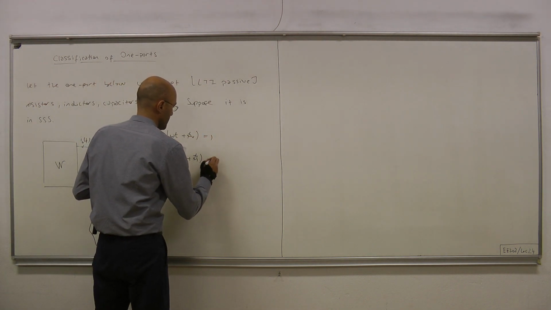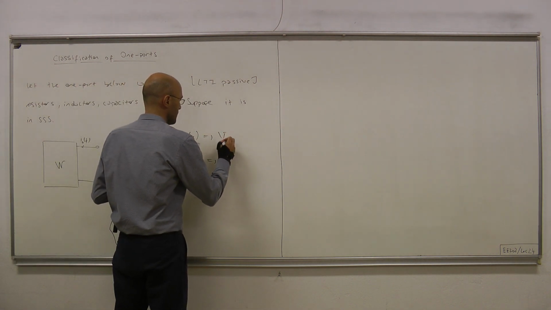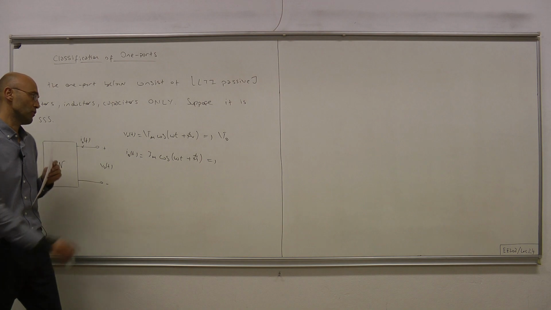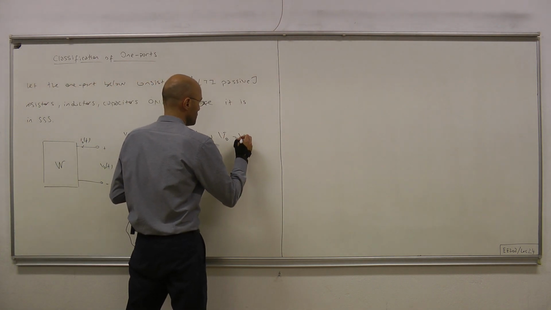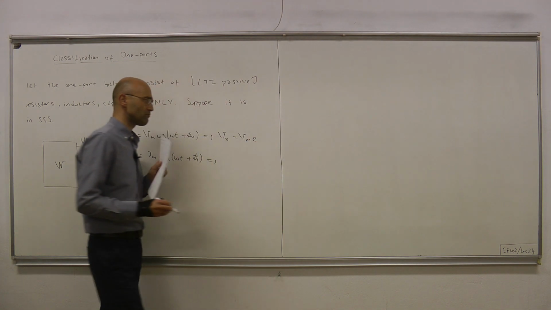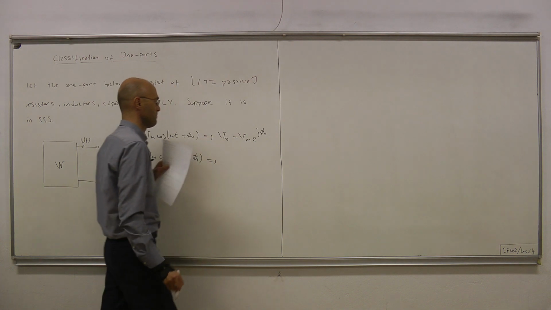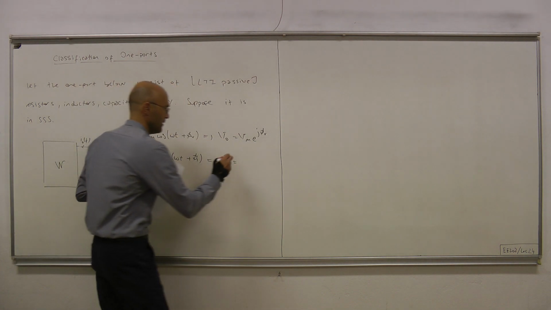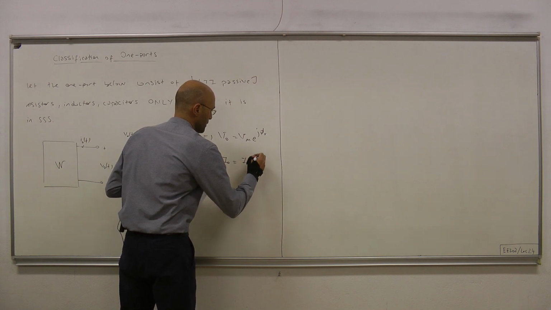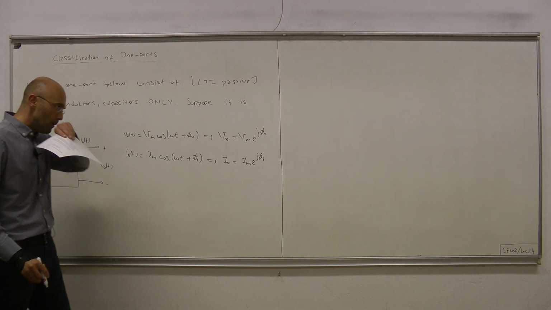This yields the following phasor representation. We can write V0, the phasor of this voltage, equals the magnitude Vm times e to the j phi v. Likewise, the phasor of the current is Im, the magnitude, times e to the j phi i.